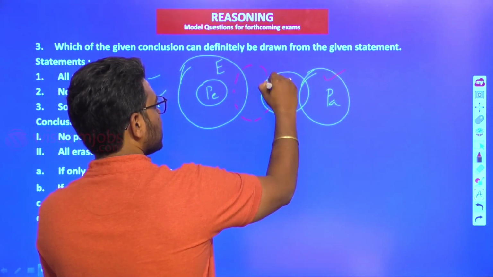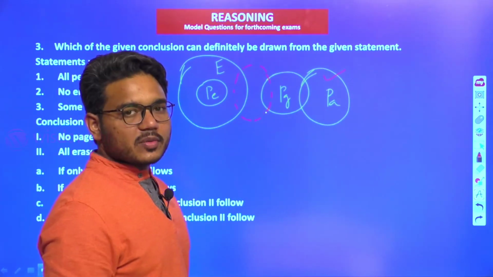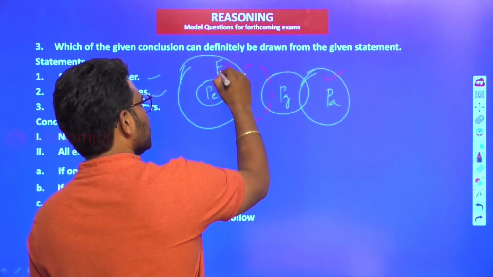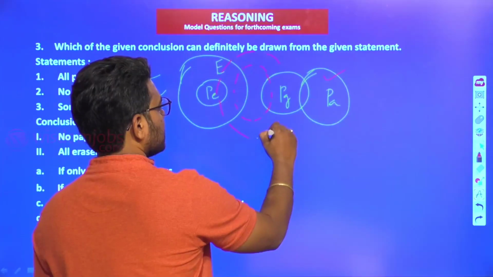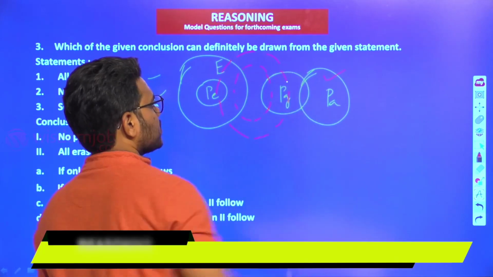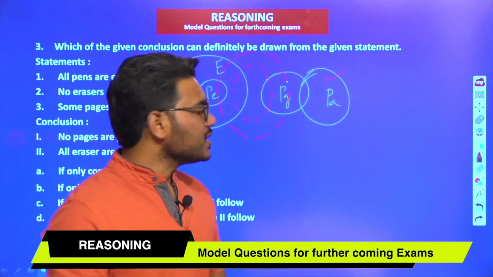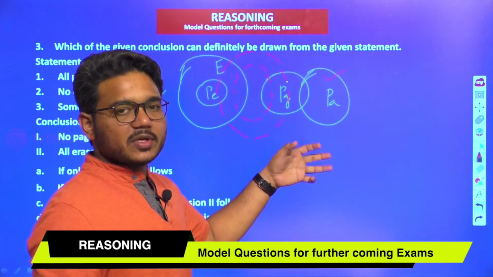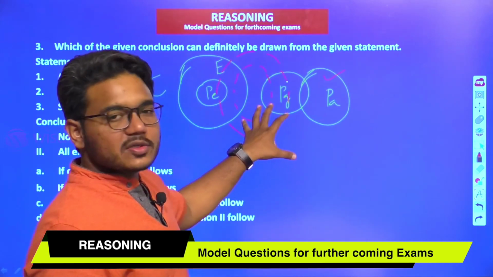Can we also draw like this? This is also one possibility. Another possibility is there. So this is also one possibility, but we are not checking the possibilities. So what exactly we could determine from the statements, we need to stick with that. Okay, so these could be the drawings.